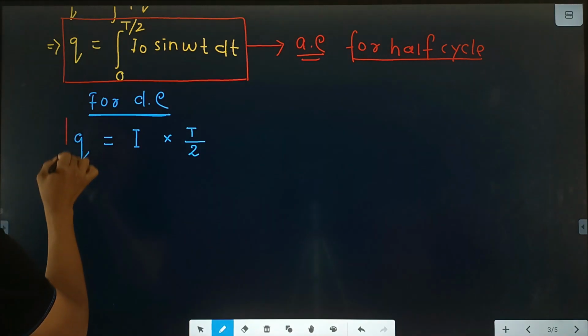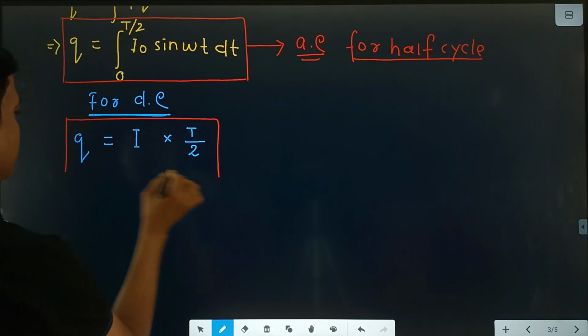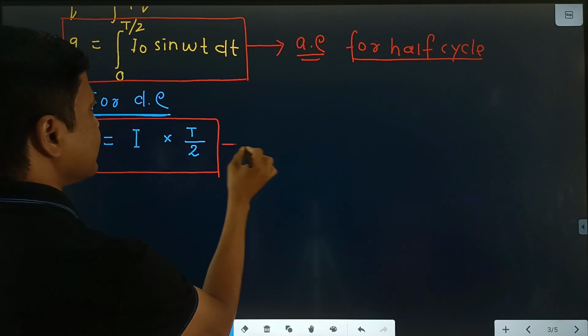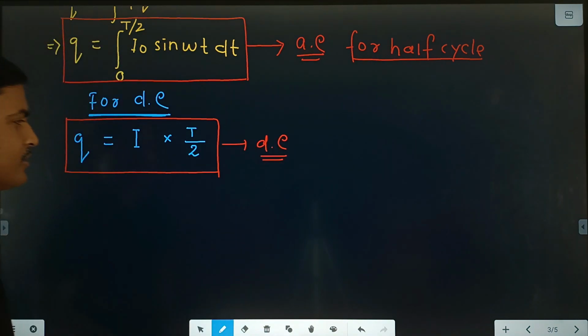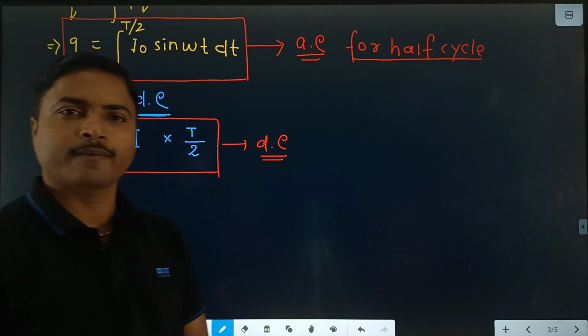This is the total charge flowing through the circuit when a direct current is there, for T by 2 time. Clear?